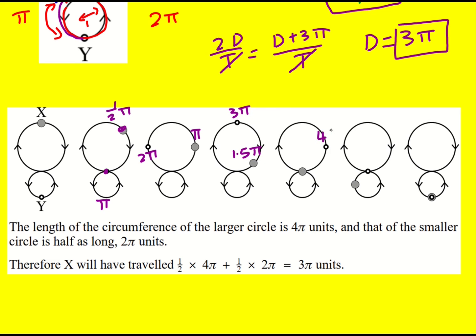Then we're up to 4 pi and 2 pi, 5 pi and 2.5 pi. And we're going this way round. And then they're going to meet at 6 pi for the white car and 3 pi for the other one. So that is where you can get 3 pi from as well.